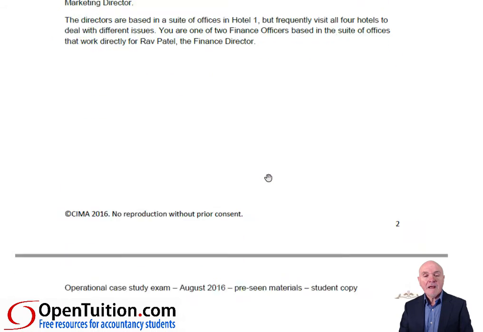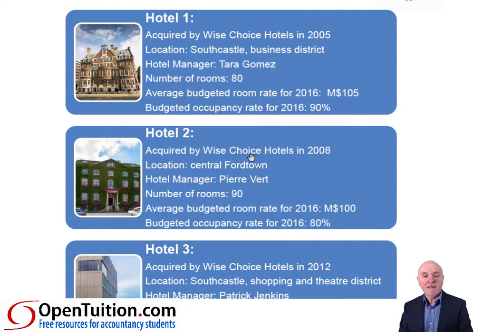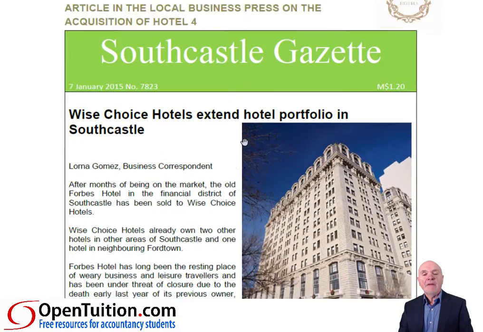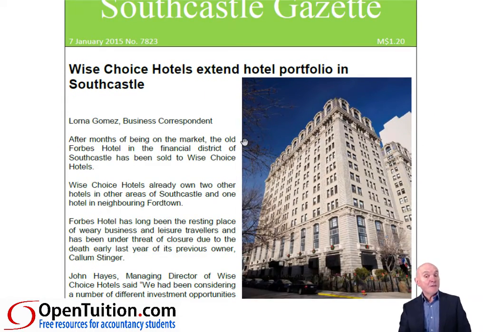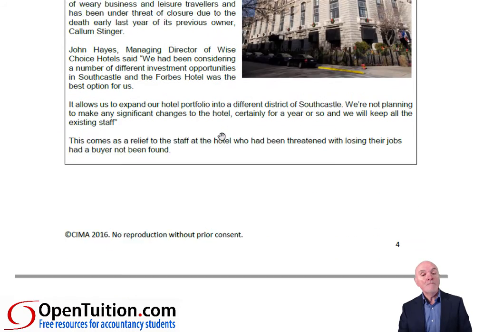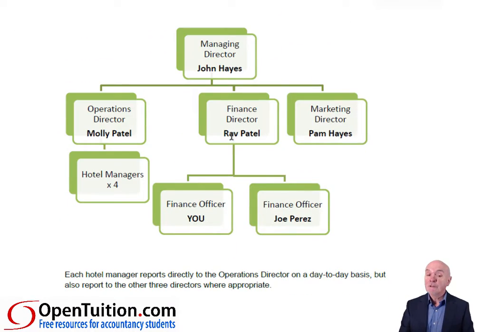And then it goes on a little bit about each of the hotels, pictures, size of the hotel, etc., etc. And then we have a bit from a local newspaper saying we're going to be extending the hotel portfolio, buying some more. We have an organisation chart showing you who's who.